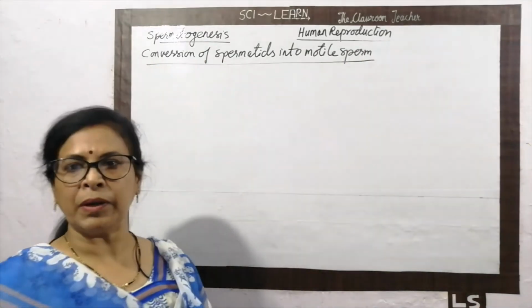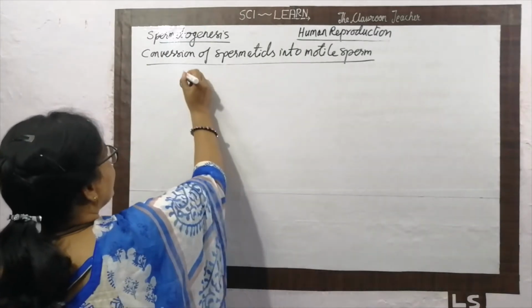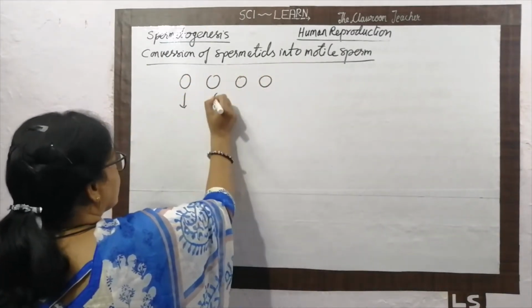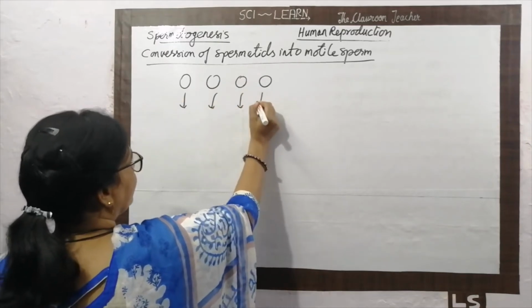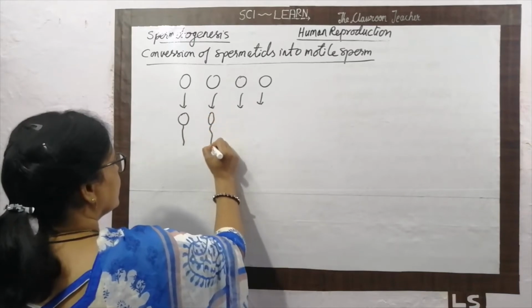Now four spermatids are formed, and in the course of further development, they get converted into sperm.